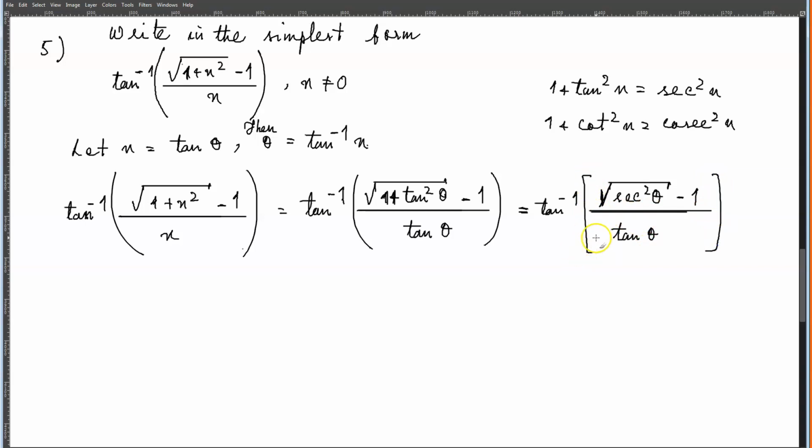And then you can write this as the tan inverse of secant theta minus 1 over tan theta.